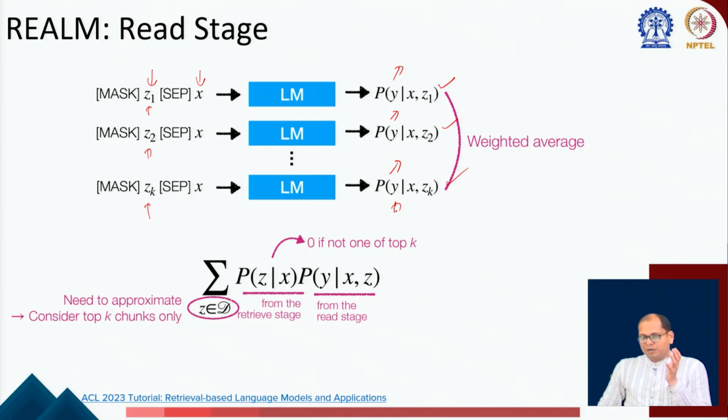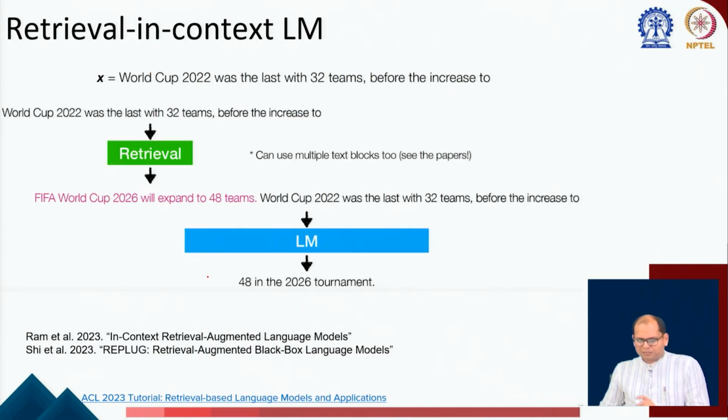Once you have this distribution, you also know the probability of g given x, because of the similarity. The final output: I take only the top k chunks that I have selected. For each chunk, what is the probability of the chunk given this input, and given this input and the chunk, what is the probability of this output, and you sum over all the chunks. That is one way you can define your distribution. That was the REALM paper.